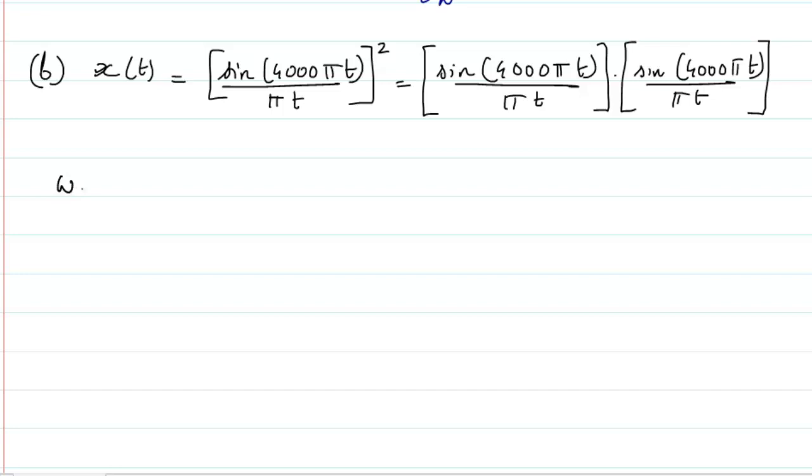So we know that sine square omega t can be written as 1 minus cos twice omega t divided by 2.